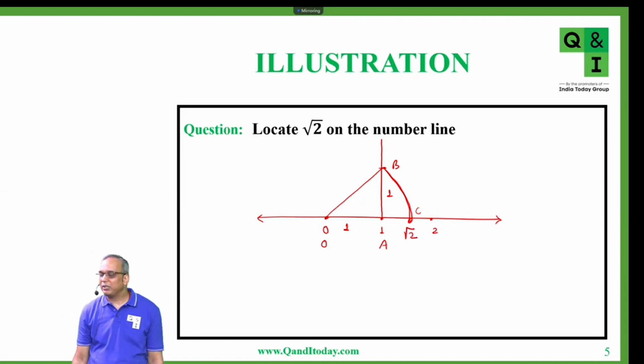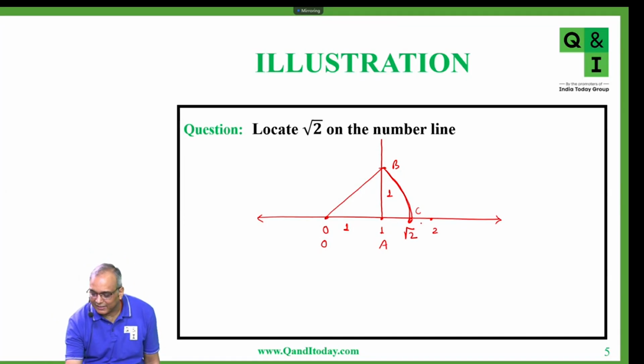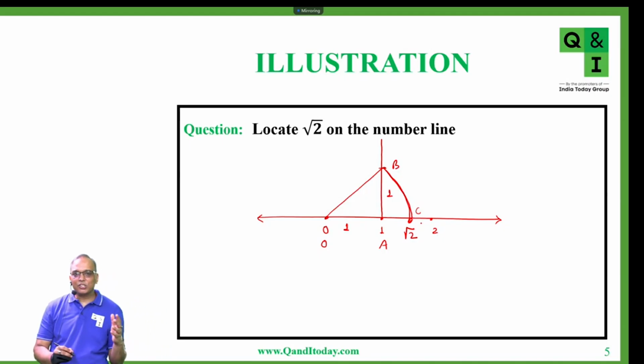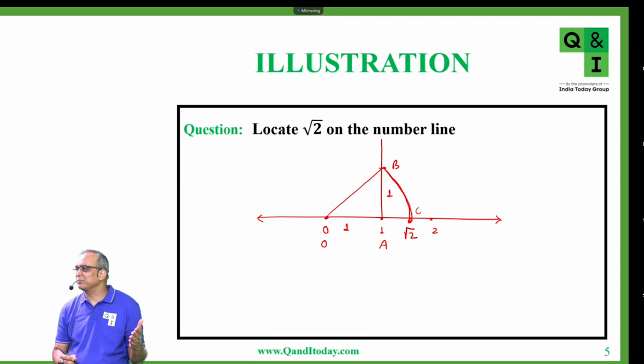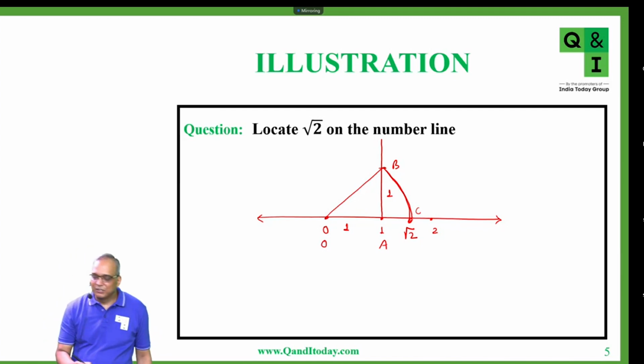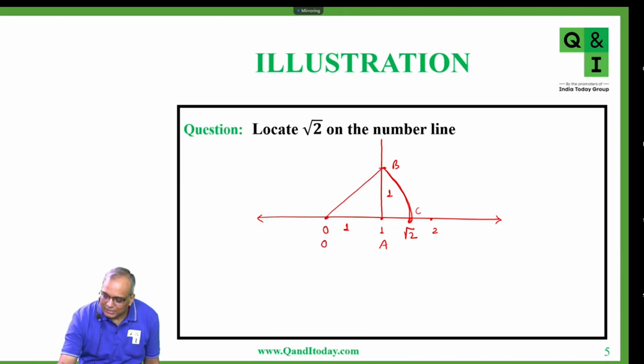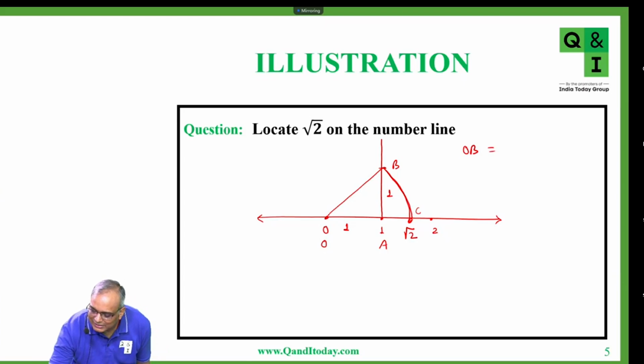Why will that be root 2? Let us understand. Have you learned of Pythagoras theorem in class? You have learned of Pythagoras theorem in class 7th and 8th both, I suppose. Right? So OB is the hypotenuse because OA and AB are perpendicular.